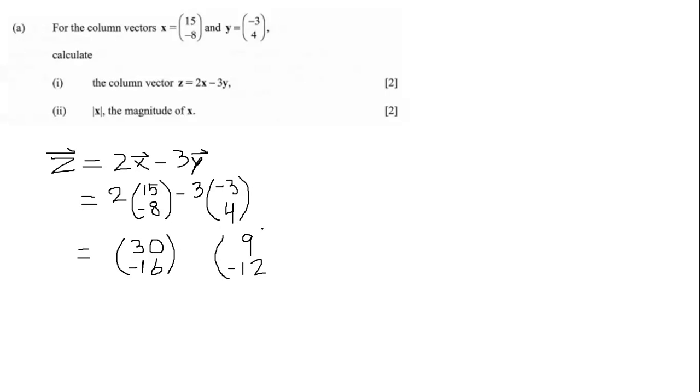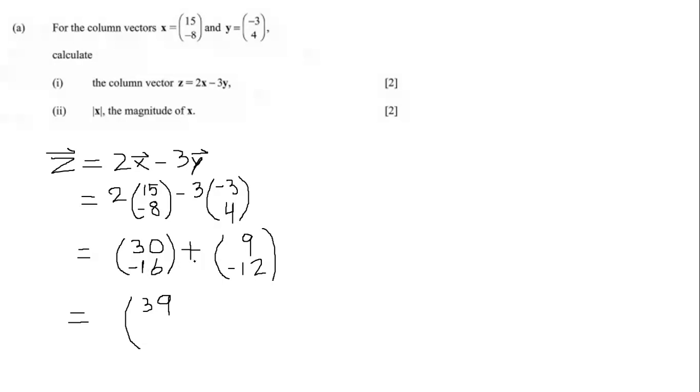We have these two vectors here, 30 and -16, and 9 and -12, and we're going to add them. What is 30 plus 9? 30 plus 9 is indeed 39. Now, what is -16 plus -12?